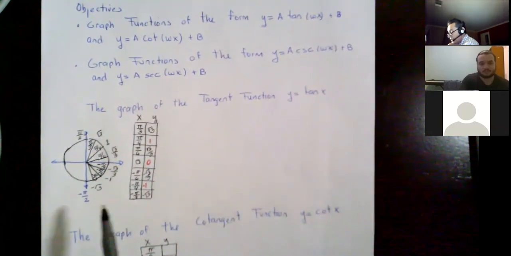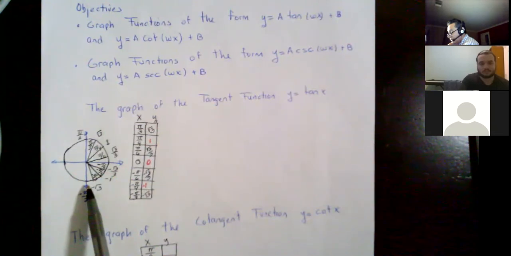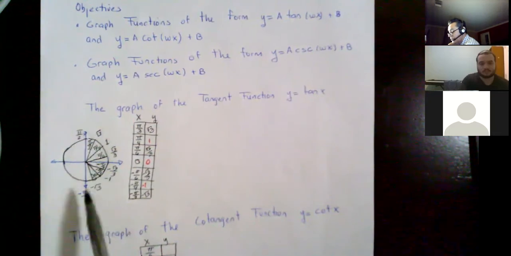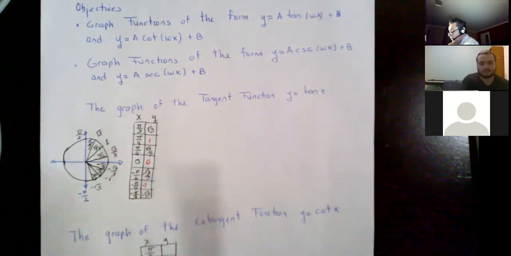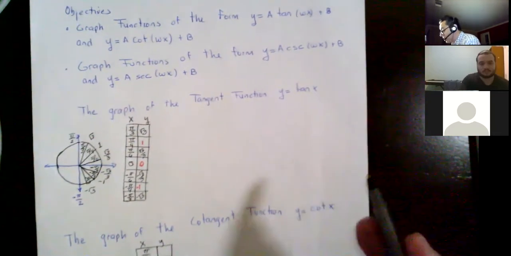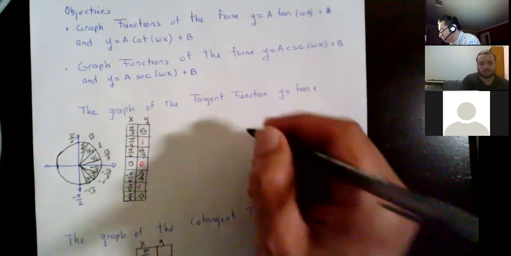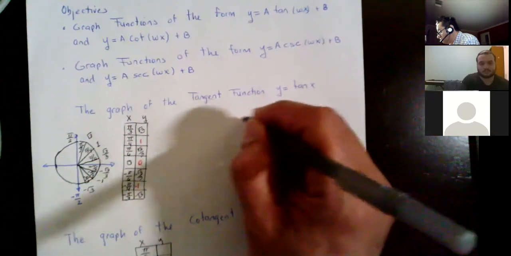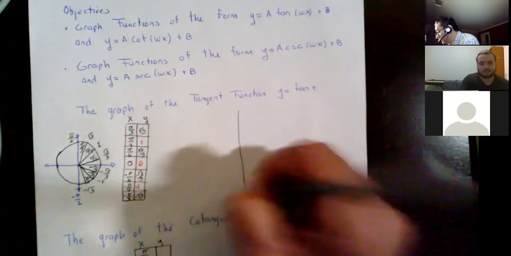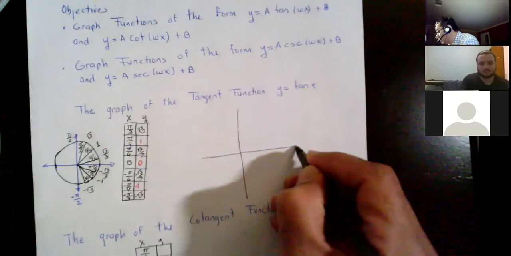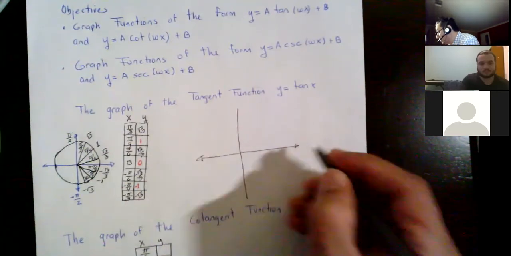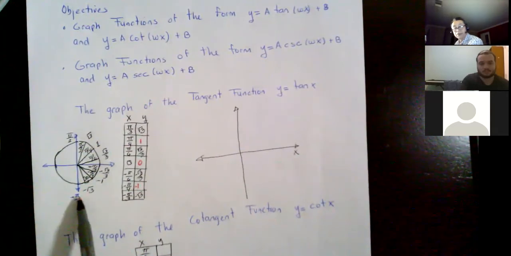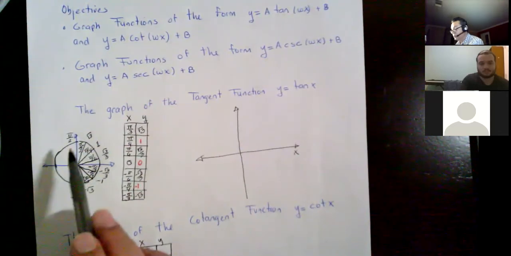So remember that tangent does not exist at pi over 2 and negative pi over 2. So the graph of the tangent function goes from negative pi over 2 to pi over 2.